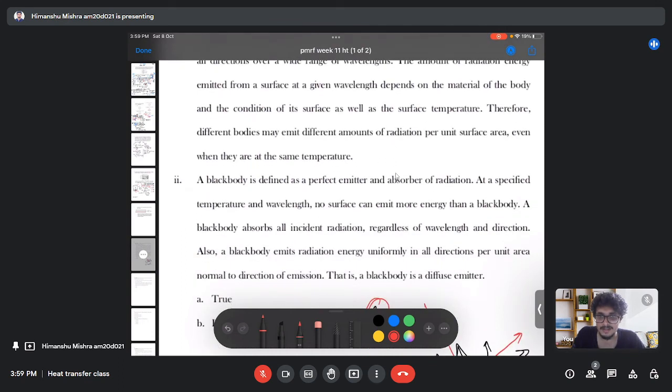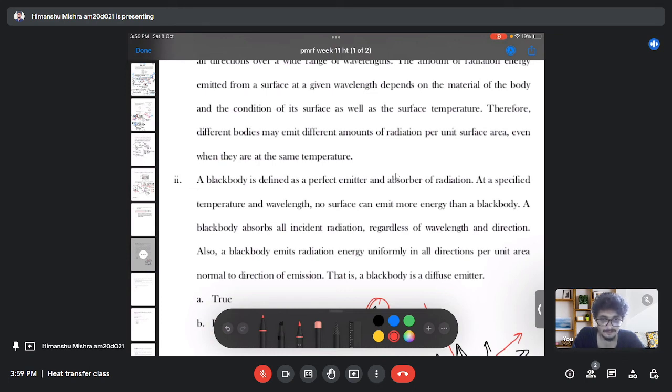The second statement says that a black body is defined as a perfect emitter and absorber of radiation at a specific temperature and wavelength. No surface can emit more energy than a black body. A black body absorbs all incident radiation regardless of wavelength and direction. A black body emits radiation energy uniformly in all directions per unit area normal to the direction of emission.